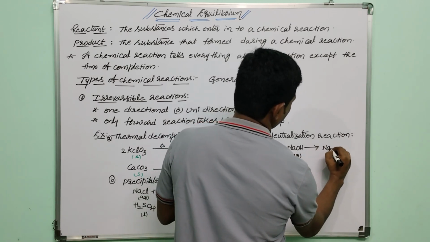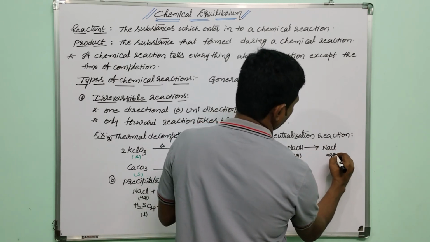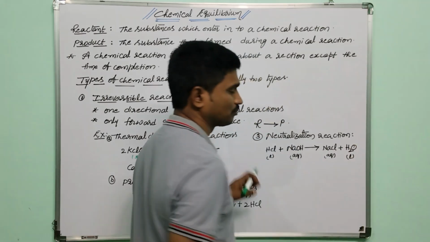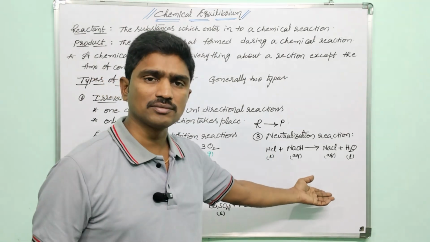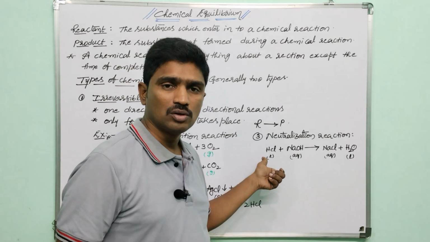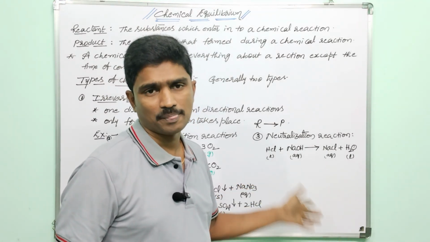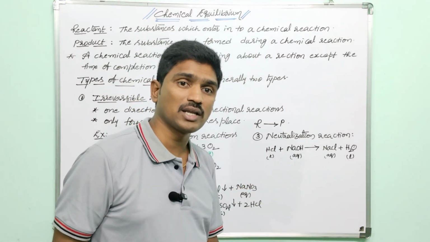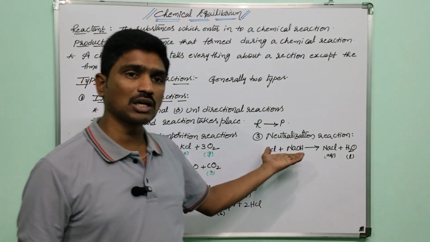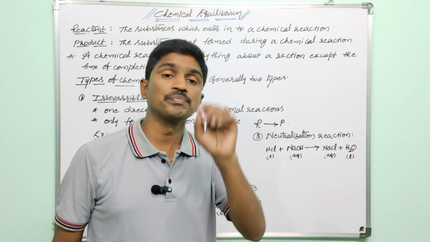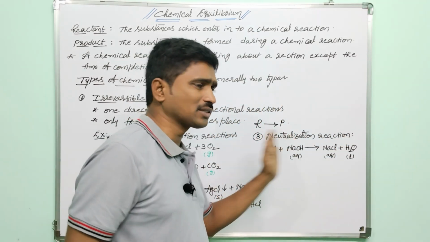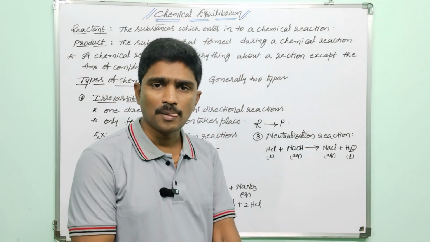We get NaCl, a salt, and water is formed. Water is a liquid. In this neutralization, the formed sodium chloride and water never give HCl and NaOH back. That's why it is an example of an irreversible reaction. So, thermal decomposition, precipitation, and neutralization reactions are the best examples for irreversible reactions, unidirectional, one directional.